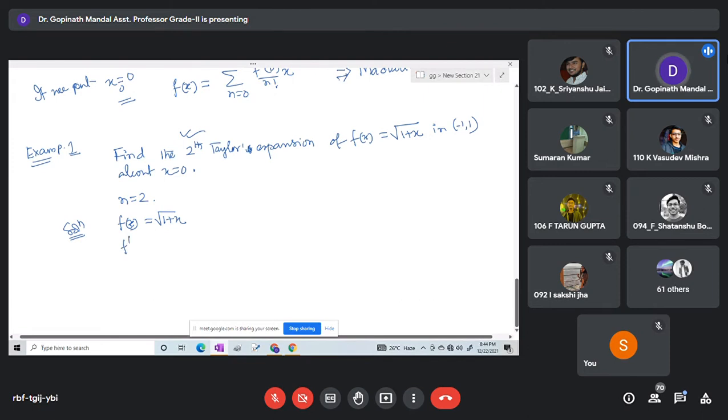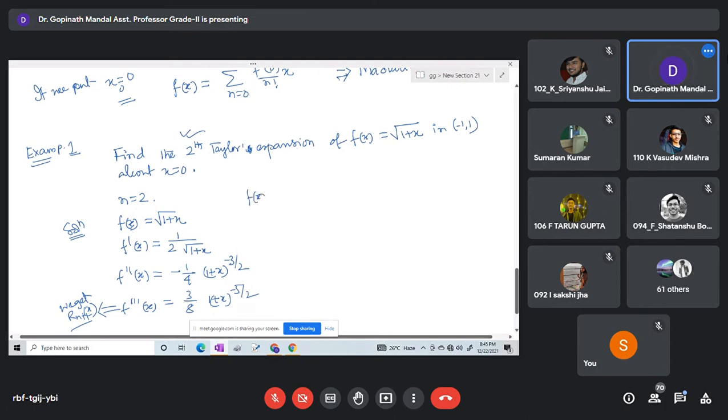So f'(x) will be 1 by 2 root of 1 plus x, f''(x) equals minus 1 by 4 (1 plus x) to the power minus 3 by 2, and to get the remainder term Rn plus 1 x we need f'''(x), which is 3 by 8 (1 plus x) to the power minus 5 by 2.